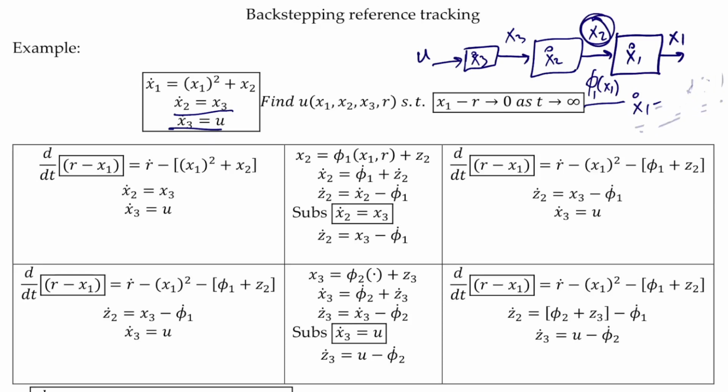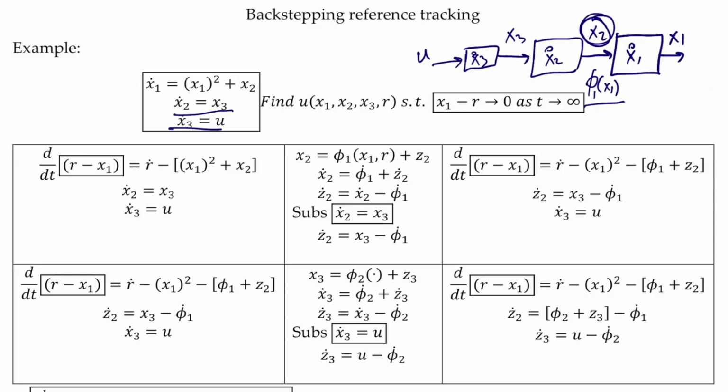There is also a reference signal that we need to keep in mind. So it is probable that the function or the signal that we want x2 to converge to is also going to depend on r, the reference signal. So it is really related to that backstepping regulation problem.